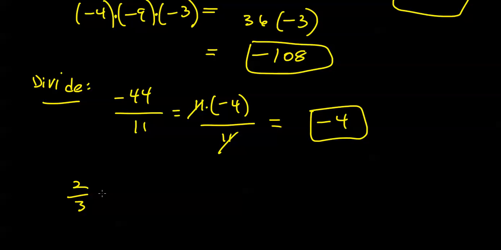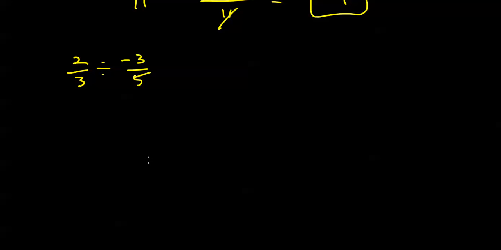How about 2/3 divided by minus 3/5? Again, not all numbers are integers. Fractions are numbers too. So sometimes we divide fractions. Well, I'm betting that you've heard in your mathematical careers keep, change, flip. When I was young, it was invert and multiply.